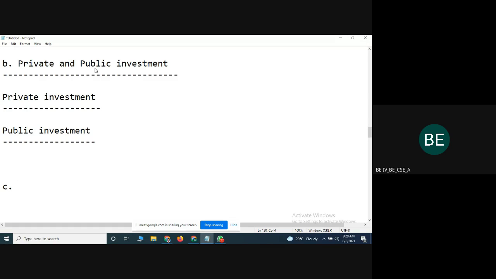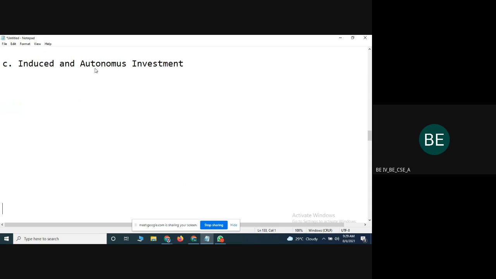The third type of investment is induced and autonomous investment. Induced means, for example, I'm a person working in a company, and because of that I'm earning money.